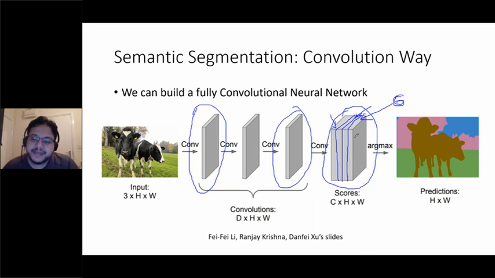So we can take the maximum. If we take this for one region of the image, one pixel, and we have different values here. Let's say this is for head, second one is for feet, third one is for sky, and the fourth one is for grass.